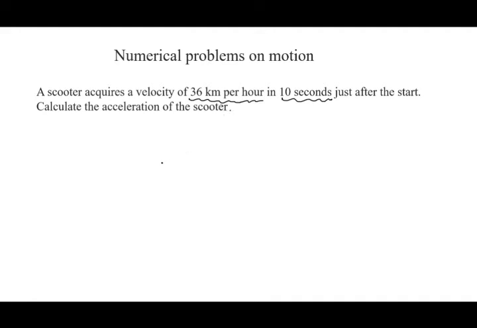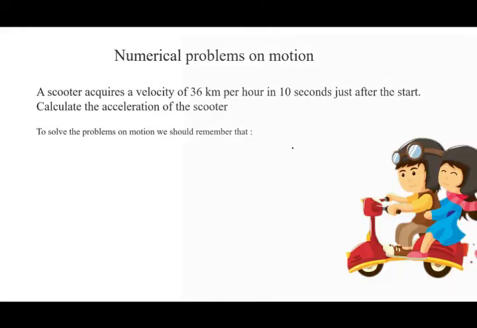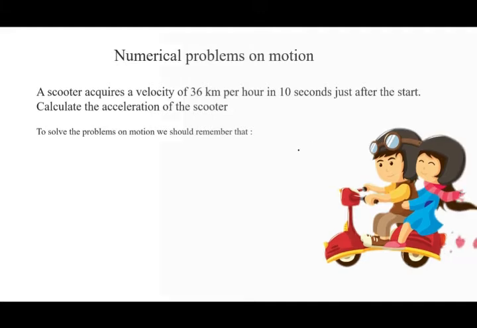Now here I would like to tell you a few important points before you solve a problem on motion. We should remember that if a body starts from rest, right? Suppose a scooter starts from rest, initially it is at rest and then it starts.